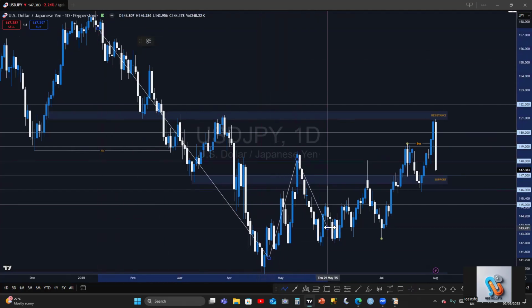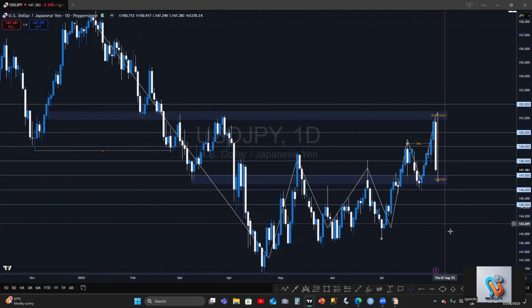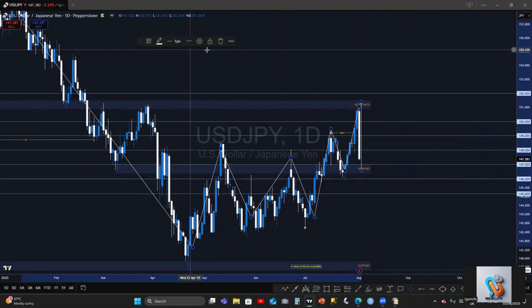But here it changed, and after a little sideways move, it broke structure to the upside. Then it got to this level, and look at the rejection. This rejection is coming to a support level. Let's see what will happen.